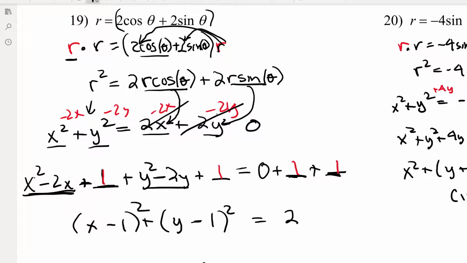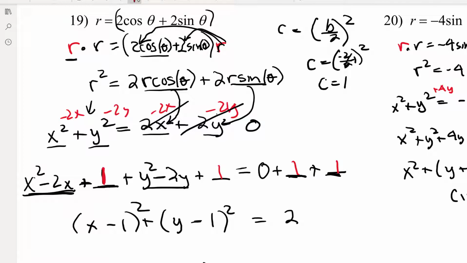When I complete the square, remember the c is equal to b divided by 2 squared. Well, negative 2 divided by 2 is negative 1. Negative 1 squared is 1. So we added the 1 here, we added the 1 here, but we also have to add the 1 to both sides. 1 plus 1 is 2.